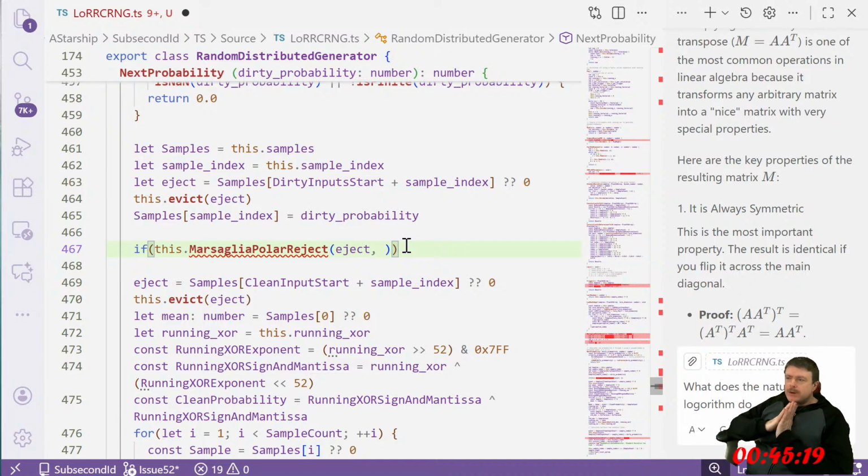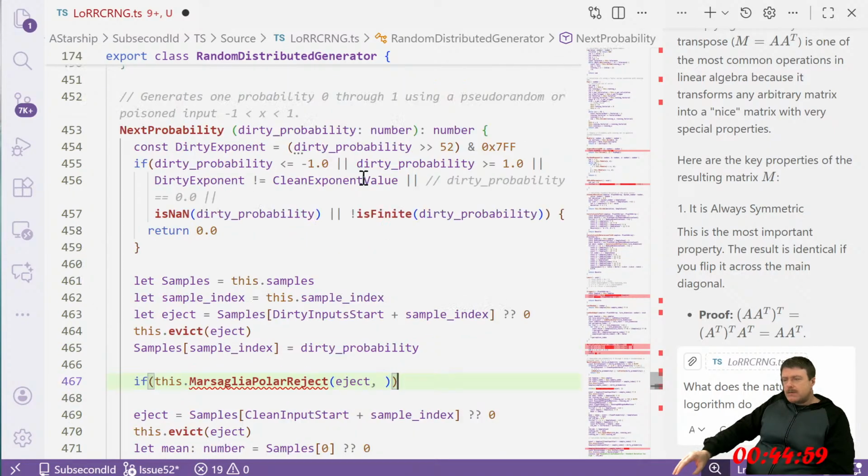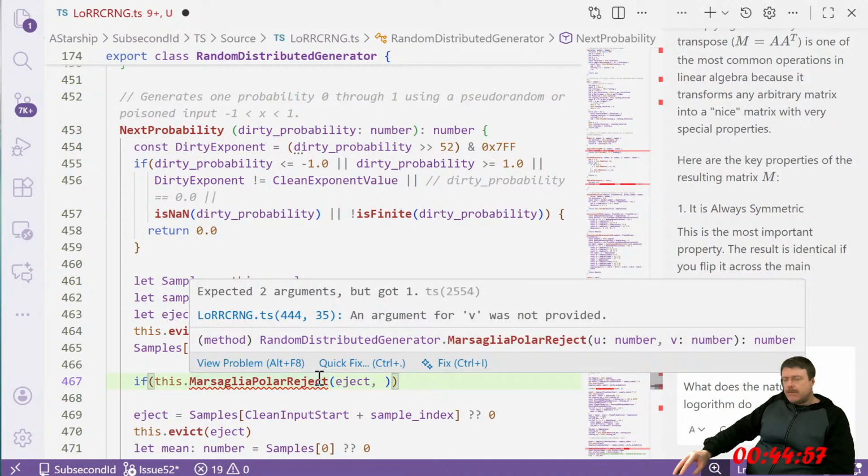Poisoning would look like probably repeating the same numbers in a sequence. But the thing is that I'm randomizing. So I don't think that it would really matter if they poisoned it.